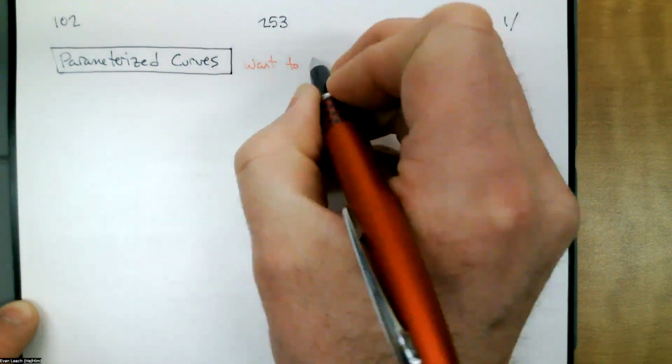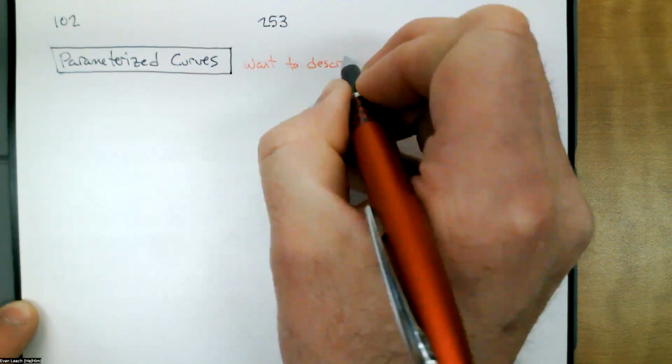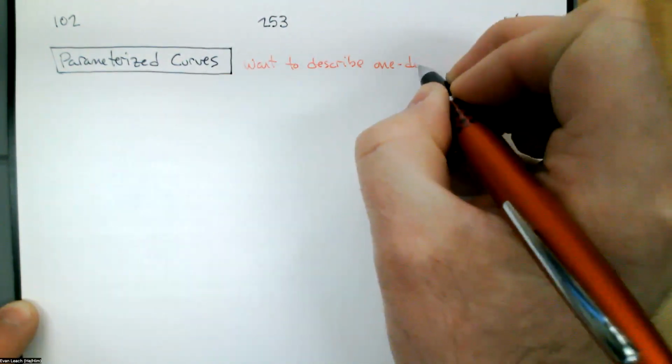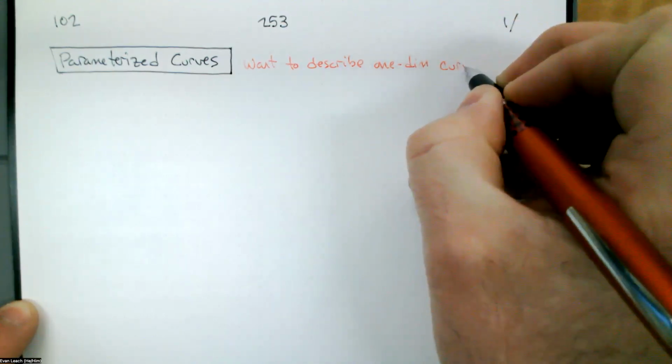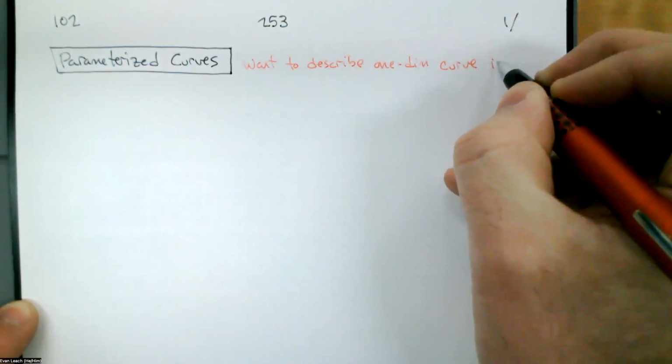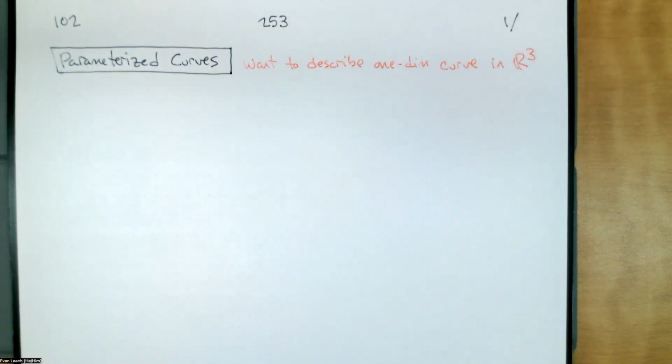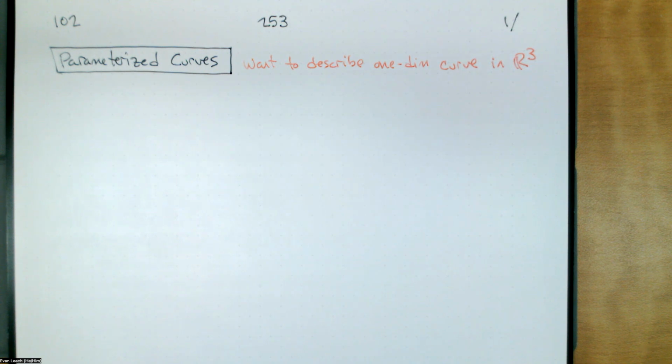We want to describe a one-dimensional curve in three-dimensional space. We can't use a function or an equation because a function or an equation in three variables is going to produce a surface.